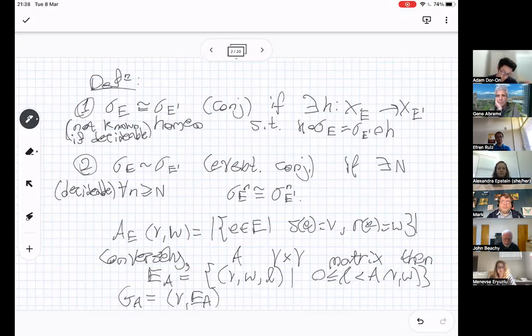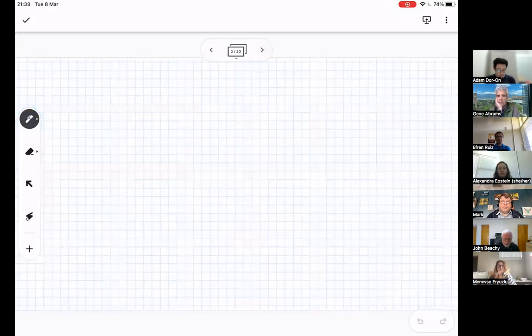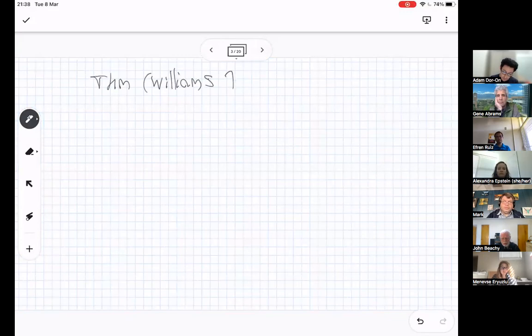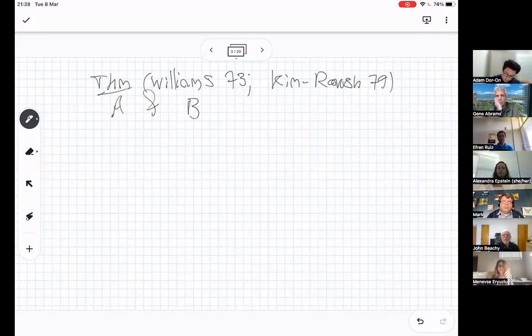Okay, so I will be moving backwards and forwards from the graph theoretical picture and the adjacency matrix picture as I please. Okay, so how do we put conjugacy and eventual conjugacy in terms of these adjacency matrices? So this is a theorem of Williams from '73 and Kim and Roush from '79. So suppose A and B are V by V and W by W adjacency matrices. So that means their entries are inside the natural numbers.